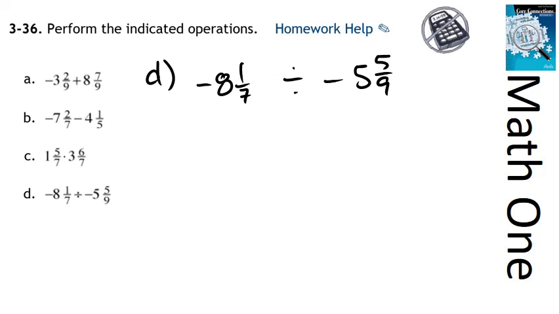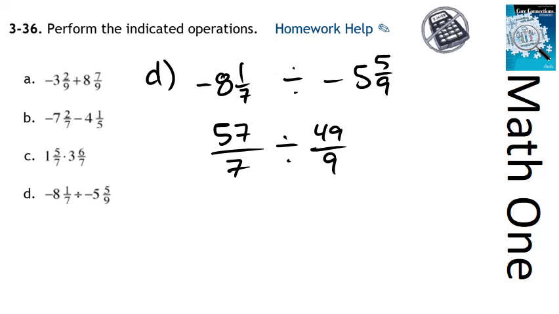So I've got 56 plus 1, so this is 57 over 7, and I need to divide that by 9 times 5 is 45, and 45 plus 5 is 49, and so 49 over 9.